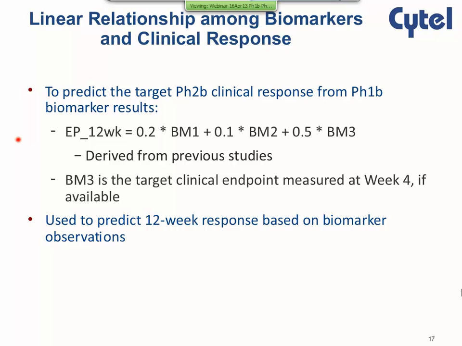Thanks, Jim. Yu Wang asks if you can elaborate some on the insights and thoughts regarding how to build the model for the relationship between biomarker and clinical response. In this case, it was scatter plots. We had week 4 information on biomarkers and week 12 information on clinical response.